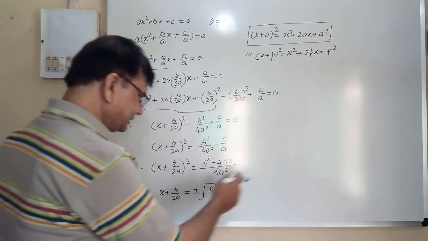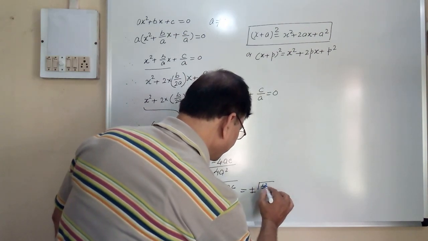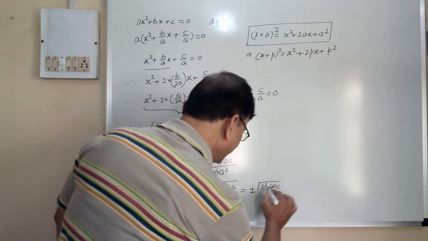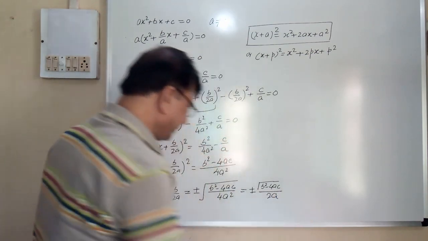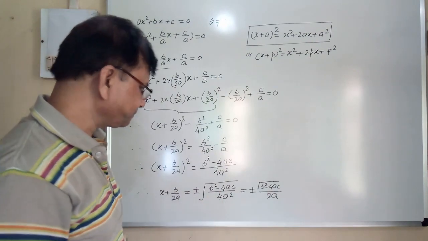Now this can further be written as plus minus under root b square minus 4ac upon 2a, because if you take the square root of 4a square, you will get 2a.